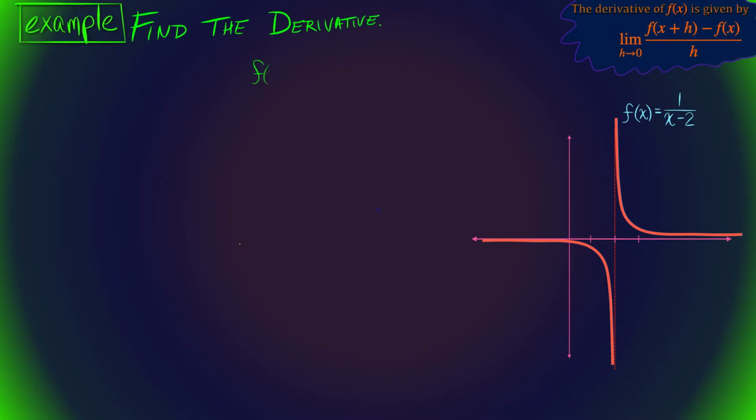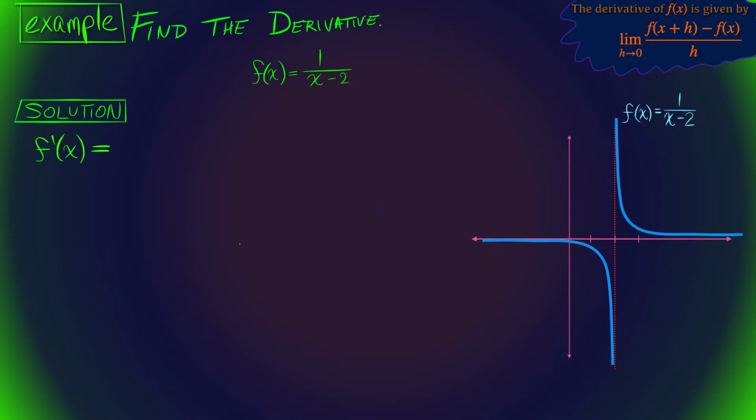And so if we have f of x is equal to 1 over x minus 2, we can find the derivative. First we want to just pretty much find the difference quotient, and then we're just going to take a limit as h approaches 0. Alright, so f prime is going to be our notation for derivative.